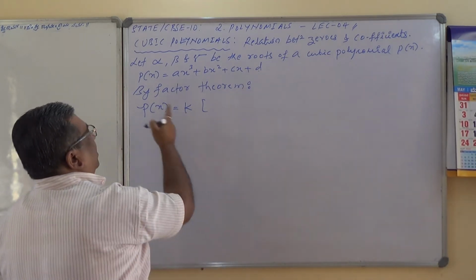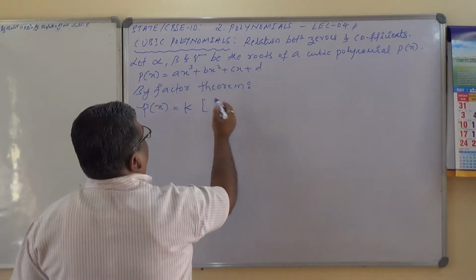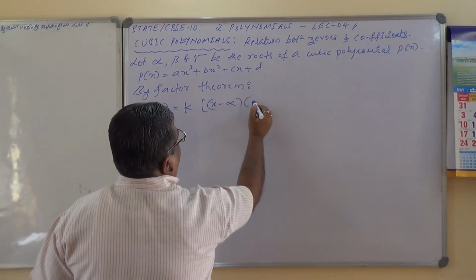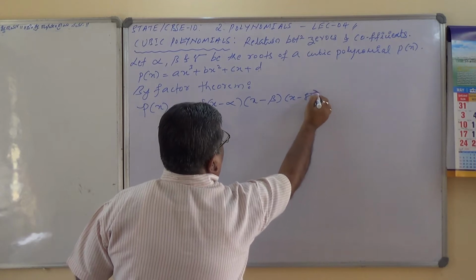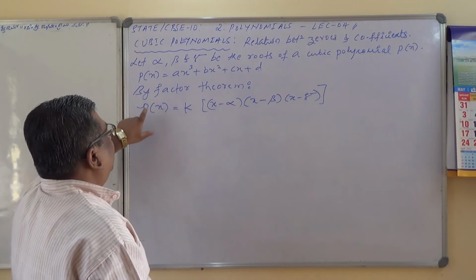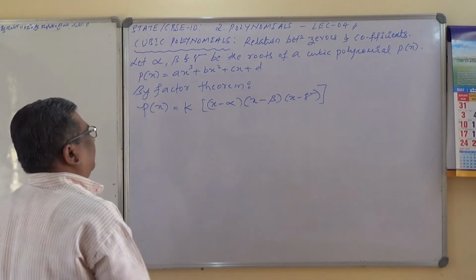Therefore, by factor theorem, the cubic polynomial is given by k times x minus alpha into x minus beta into x minus gamma. A cubic polynomial is given by the product of the three factors.